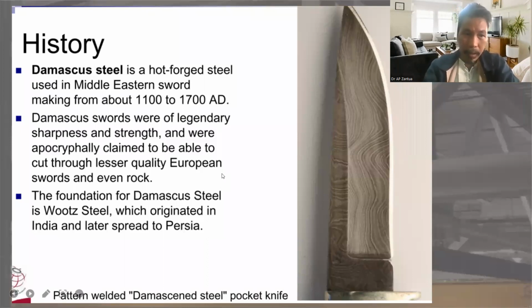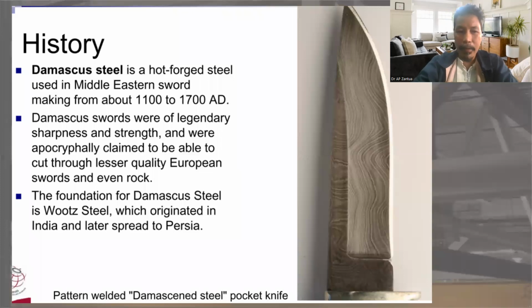And they were apocryphally claimed to be able to cut through lesser quality European swords and even rock. Take note, it can cut through another metal of good quality and rocks.